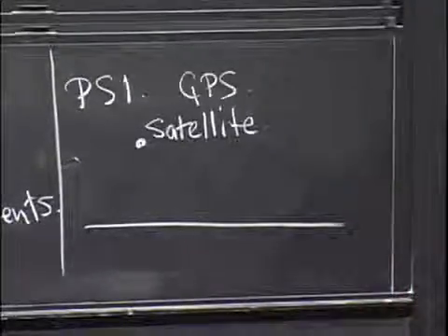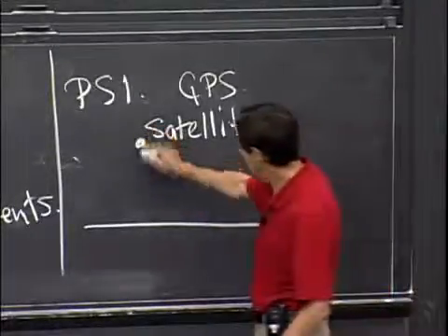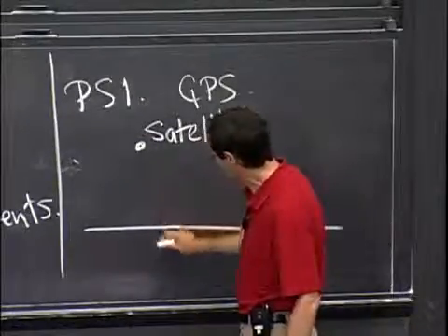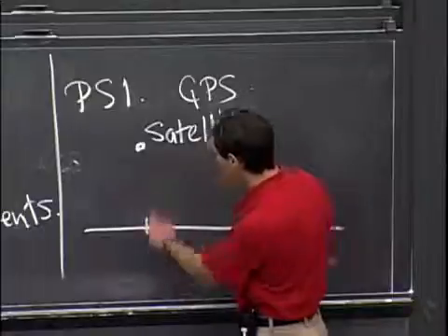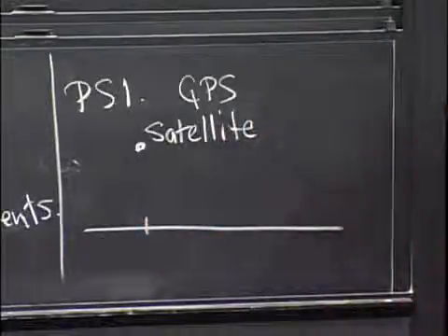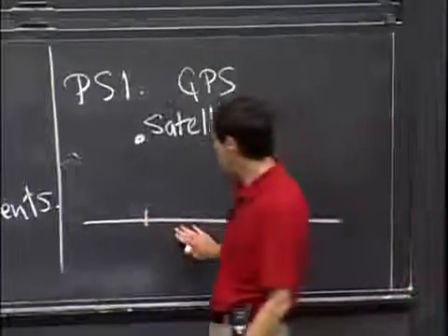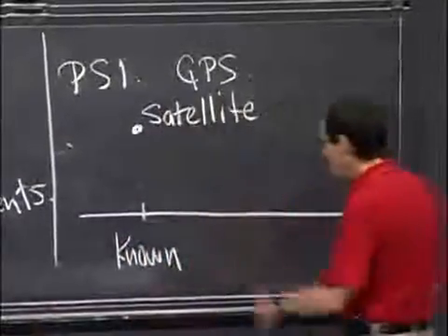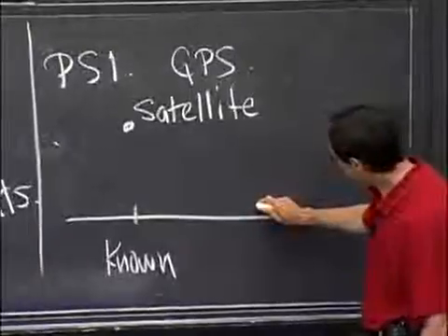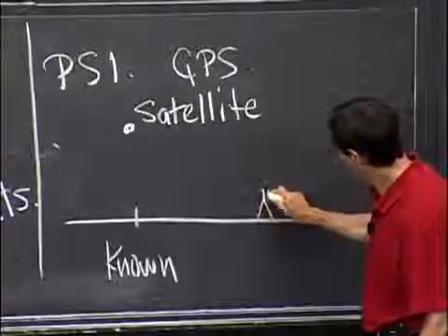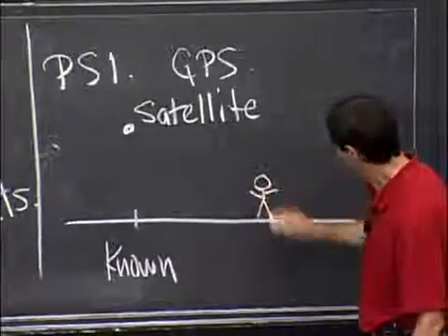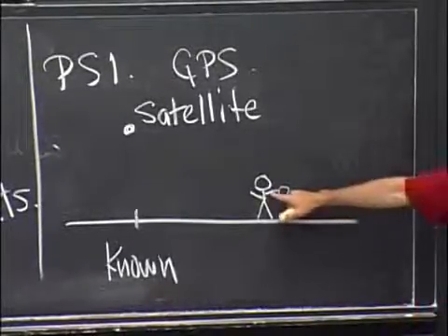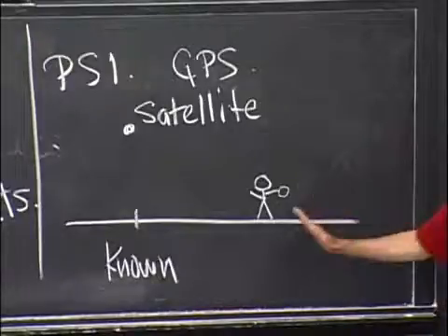preferably above the Earth. The satellite, or the system, knows exactly where the point directly below the satellite is. So this point is treated as known. And I'm sitting here with my little GPS device, and I want to know where I am.